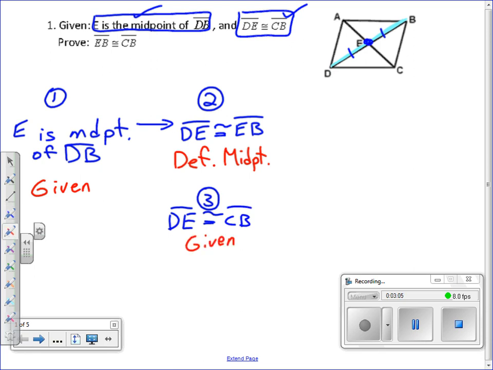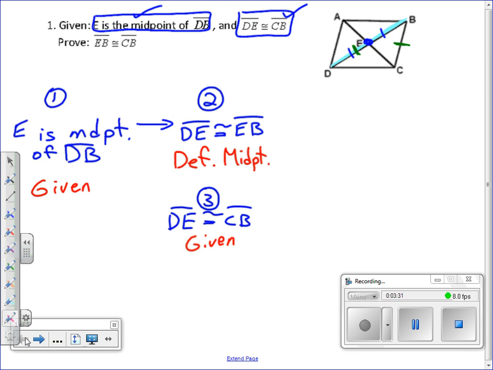And so if you're following a train of thought, I can start at number 1, I can read over to number 2, number 2 makes sense, I can check it on the diagram, I can look at number 3, number 3 says DE and CB, so I'm going to mark that on the diagram as well, DE and CB, and I look for transitive. I want to try to use transitive in a proof as soon as I can see it.